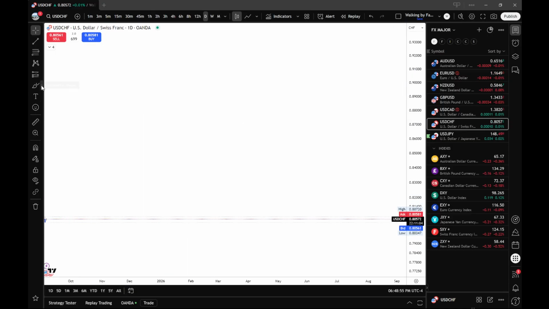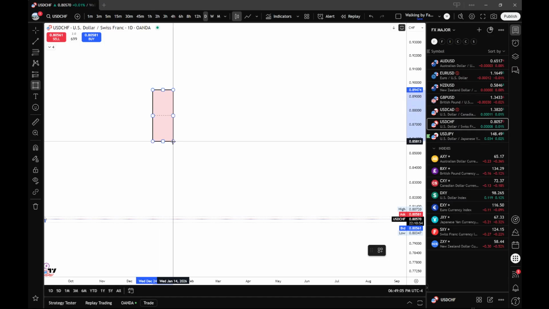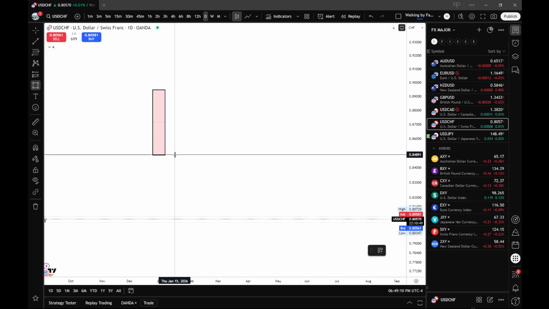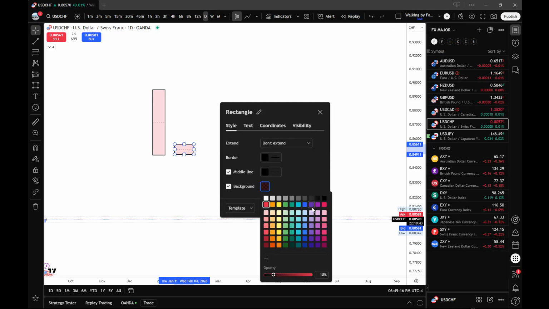So there's multiple ways that you could determine a drop-base-drop. The two important concepts: we have a red candle going down, then we could have a blue candle, right?